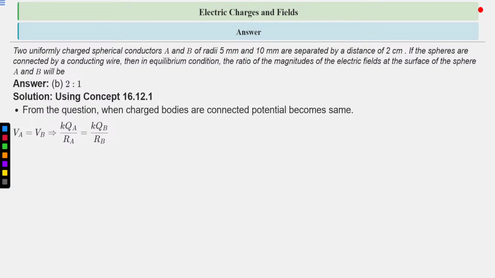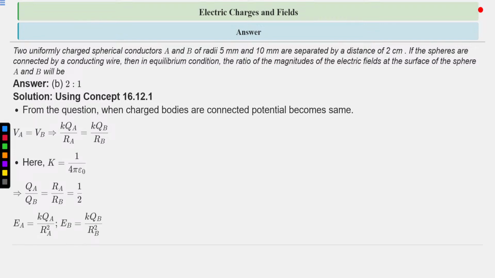By equating them, we know that K is 1 upon 4 pi epsilon naught, and K will cancel out from both sides. We will be left with QA upon QB equal to RA upon RB equal to 1/2. So this is the ratio of the two charges, equal to the ratio of the two radii, 1/2.